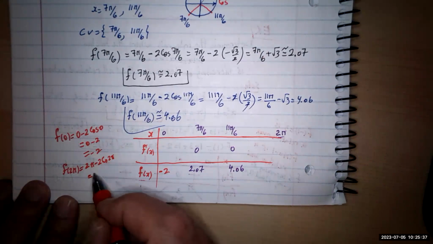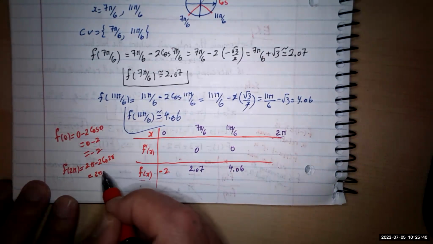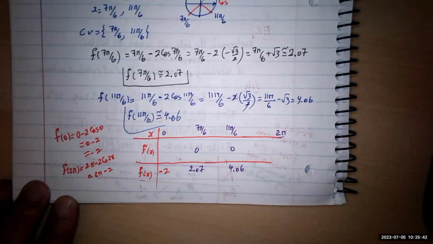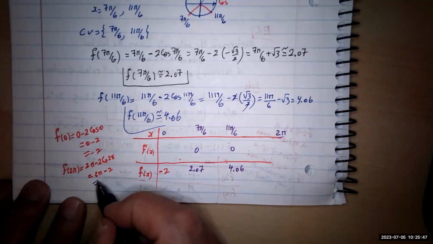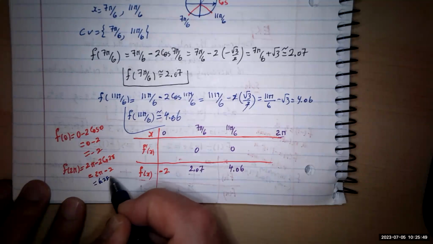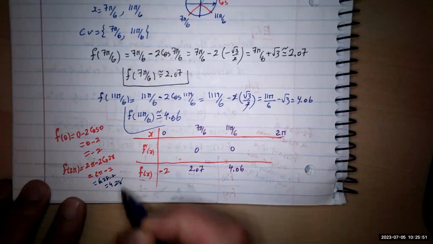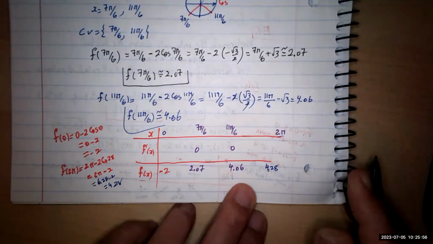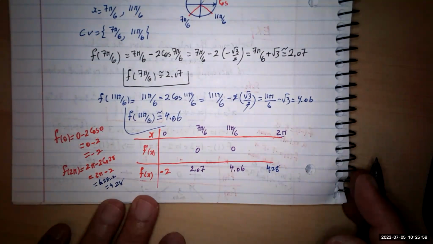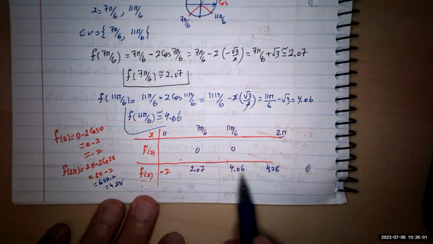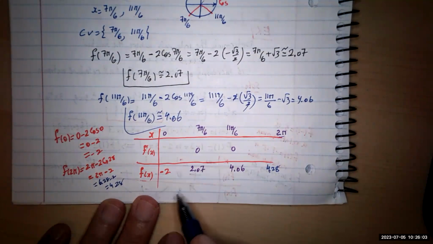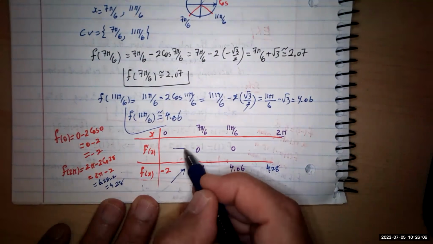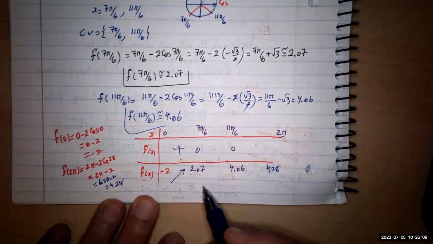That gives you 2π minus 2, so it's going to be 6.28 minus 2, which is 4.28. So that's easier, if you like it. So I can compare these numbers now for the case of trigonometry. From negative to positive is going to be up.